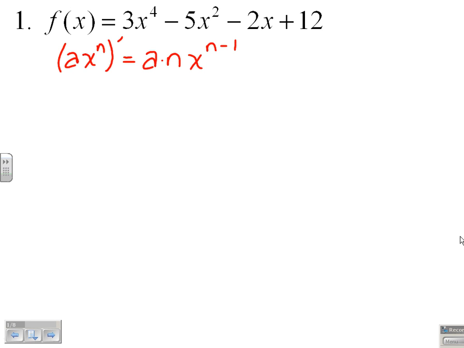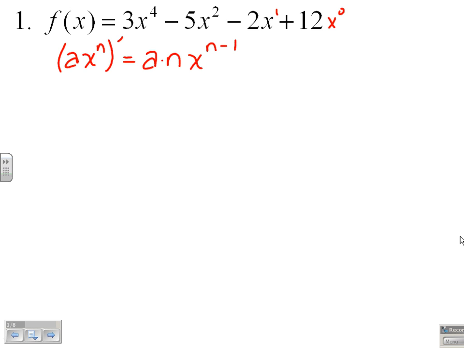Then all of the 4 terms in this polynomial for number 1 can be expressed in that form, particularly if I think of this term as negative 2x to the first, and sneaky, the 12 as plus 12x to the 0th.